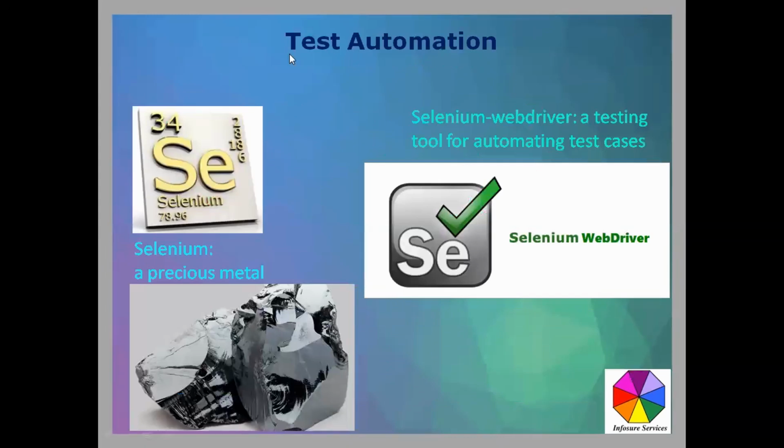The next one is called test automation with Selenium. Selenium is one of the precious metals in the earth. However, Selenium in terms of automation is a software for testing, and Selenium WebDriver is a testing tool for automating your test cases.